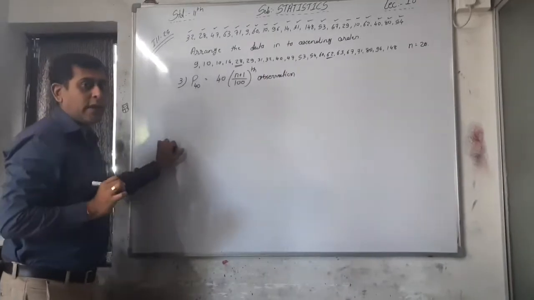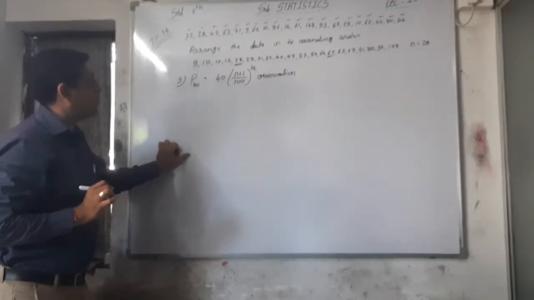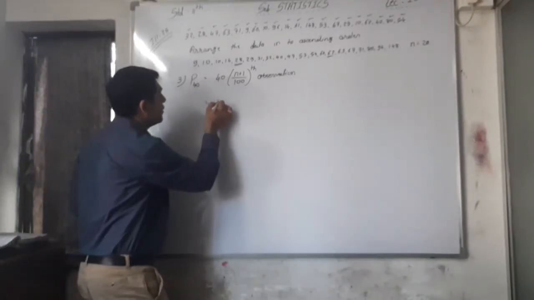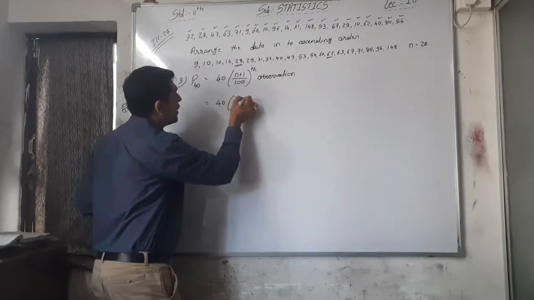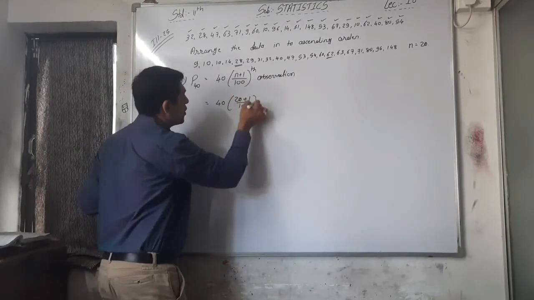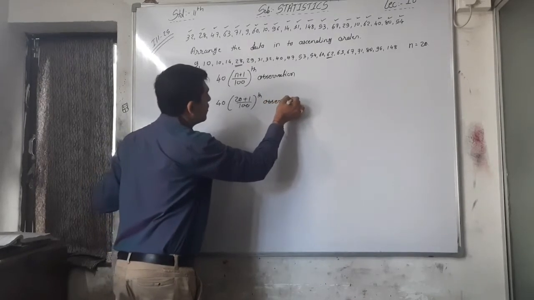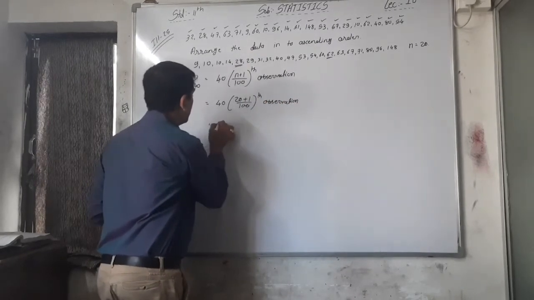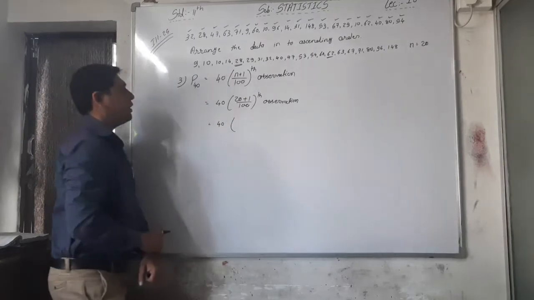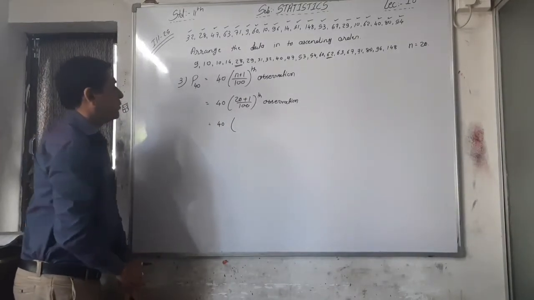right? 40 into bracket n plus 1 by 100 observation, that is 40 into bracket 20 plus 1 by 100 observation, into bracket 21 by 100.